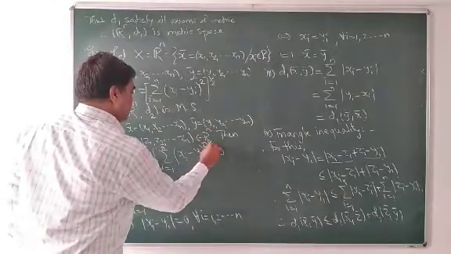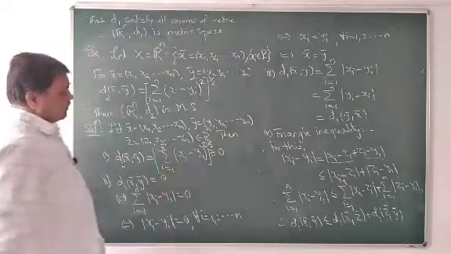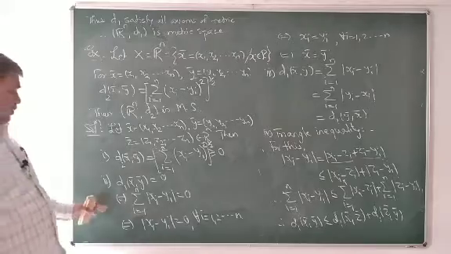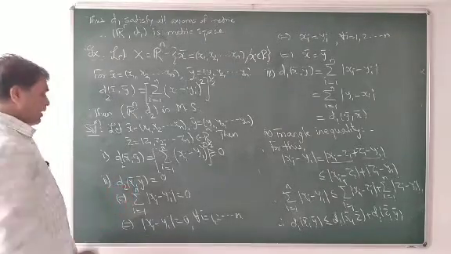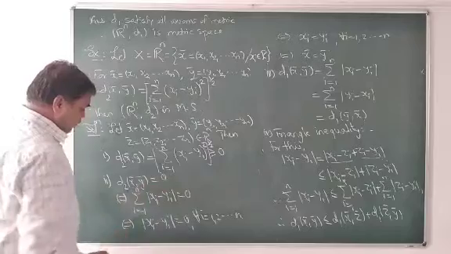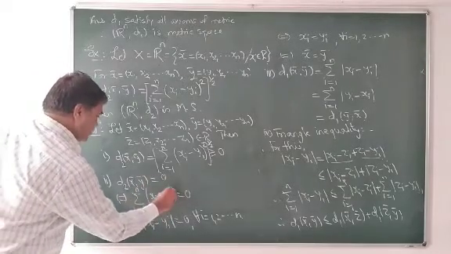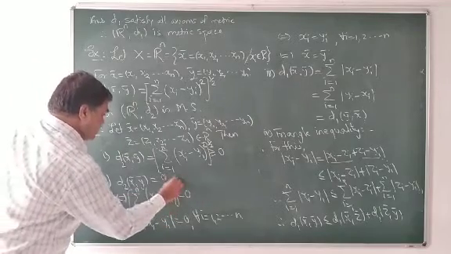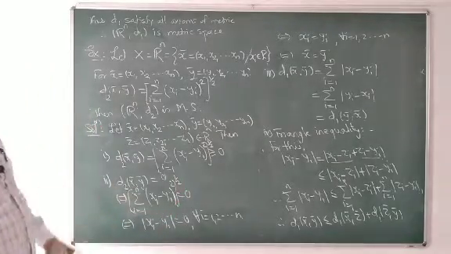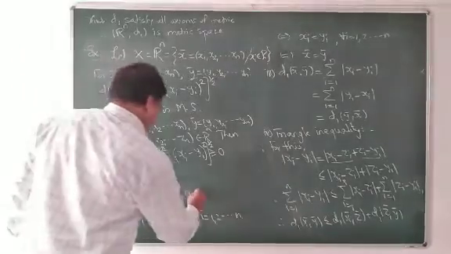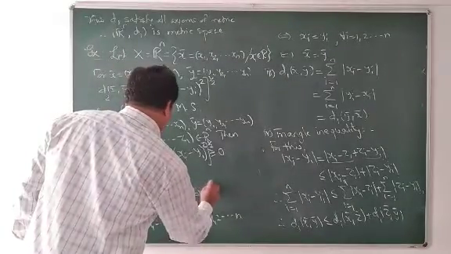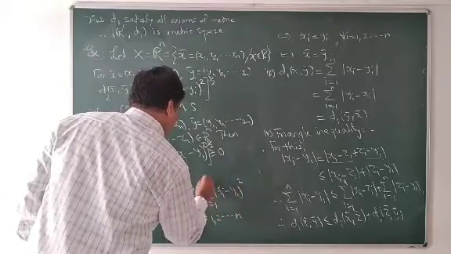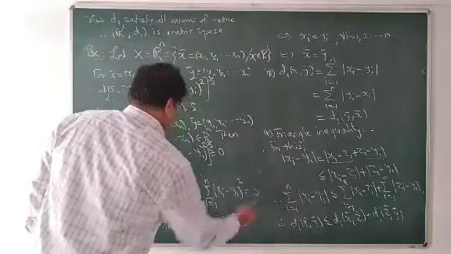This is again greater than or equal to 0 because the square of any real number is greater than or equal to 0 and then its square root is also positive. d2 of x bar y bar is 0 if and only if this summation of xi minus yi, bracket square, raised to half is 0. By taking the square, this holds if and only if summation of xi minus yi square, i equal to 1 to n, must be 0.